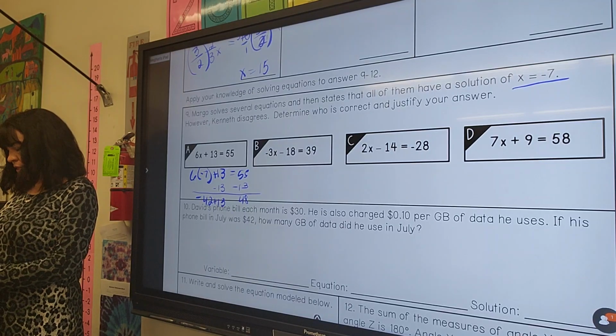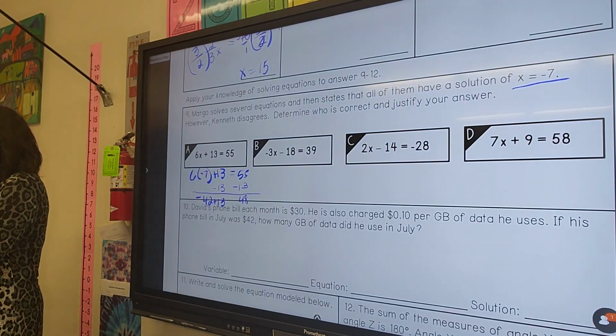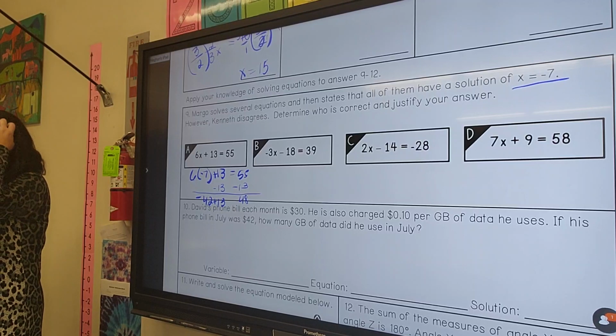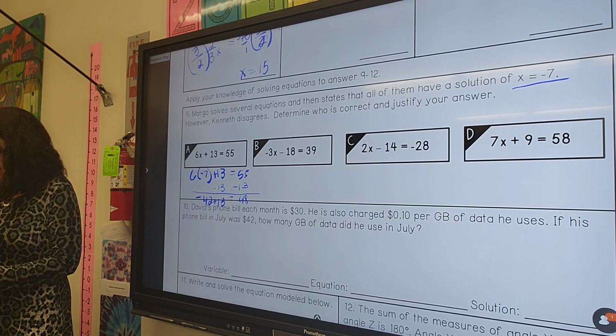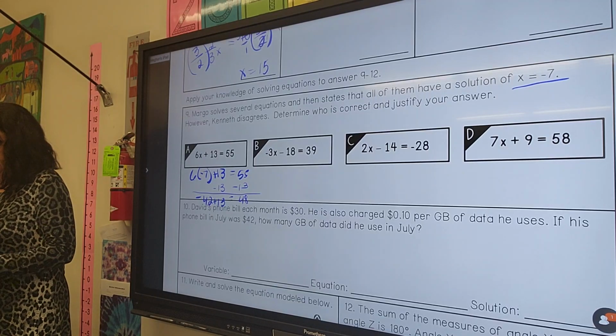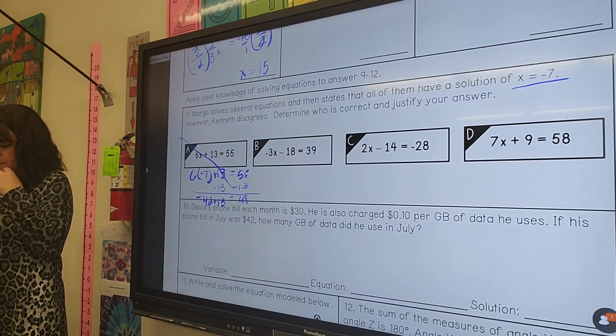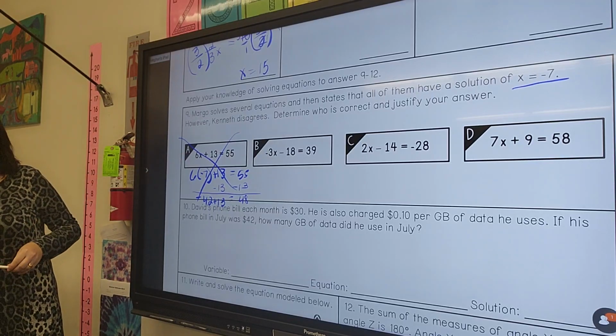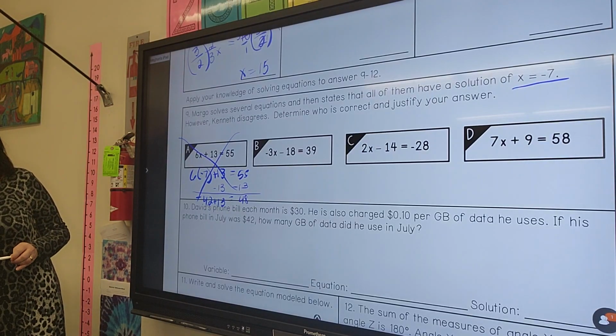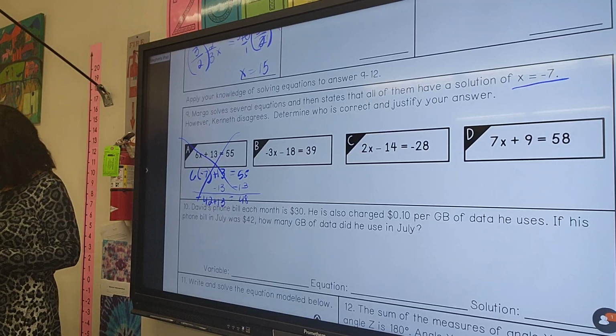What's -42 plus 13? -29. So -29 does not equal 48. So we know A is not one. That's what you would do. You would plug that in for each of those. We're not gonna do them all, but that's how you would solve that.